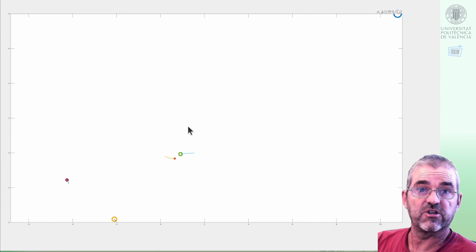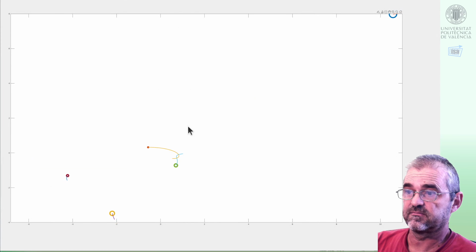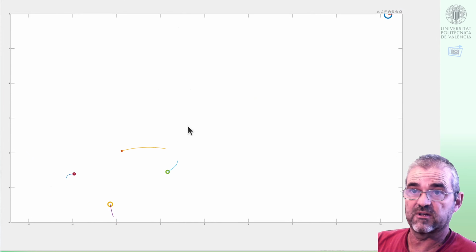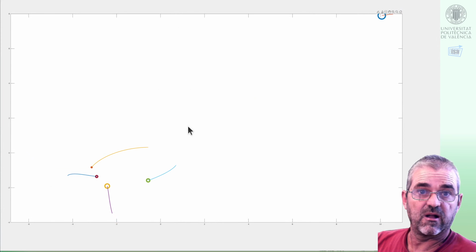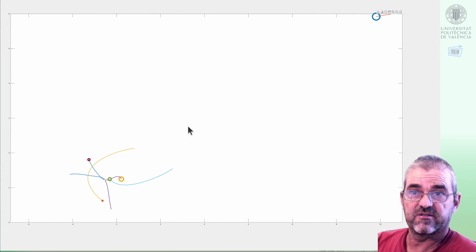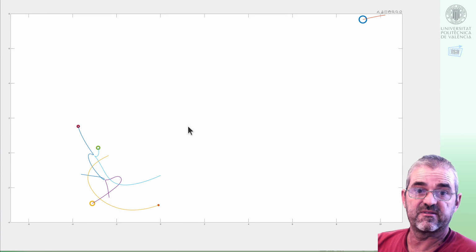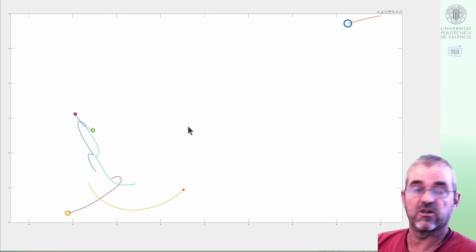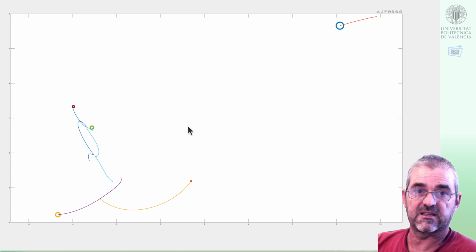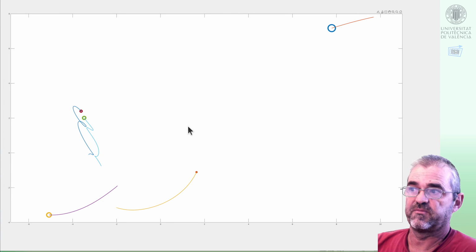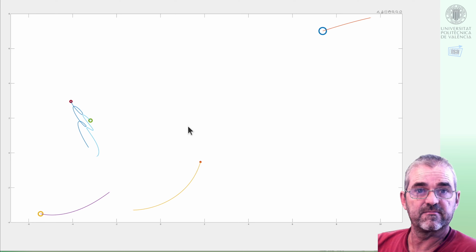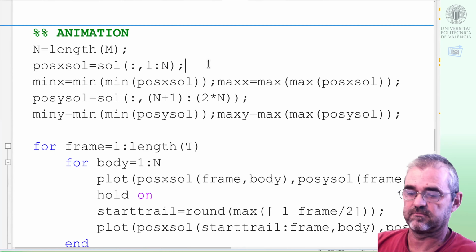So the rest is just animation and plotting. We will briefly outline how to do it, but it's just a couple of plot commands. You may skip it if you are just interested in the physics and not in the detail of Matlab animations. But okay, if you are interested, let's go.